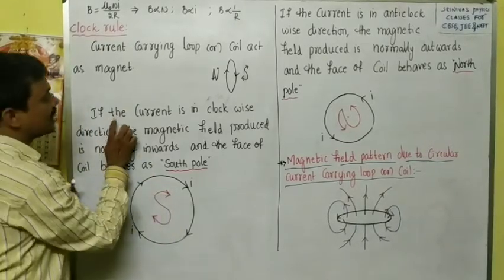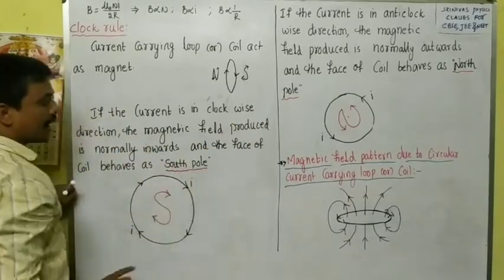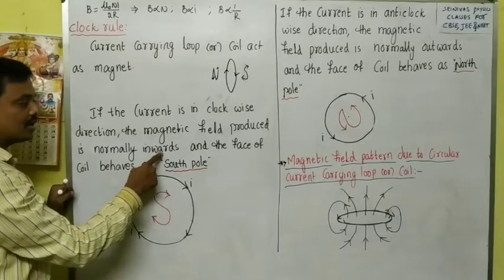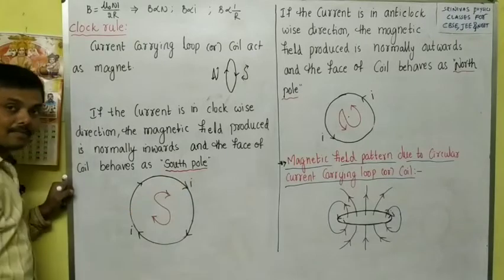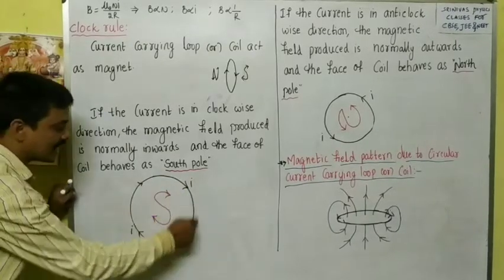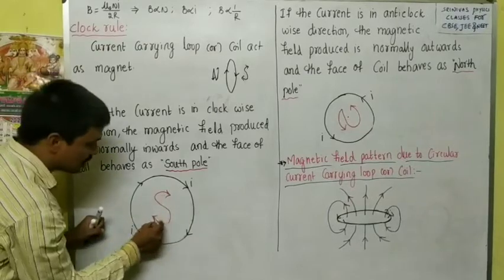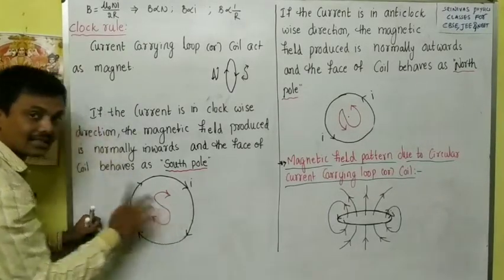If the current is in clockwise direction, then the magnetic field produced is inward, and that face of the coil acts as south pole. Look here, the current is clockwise, so this face will act as south pole. This arrow also indicates clockwise.